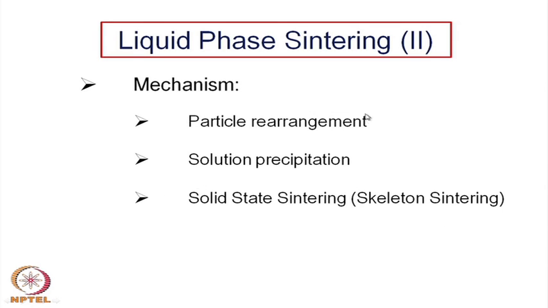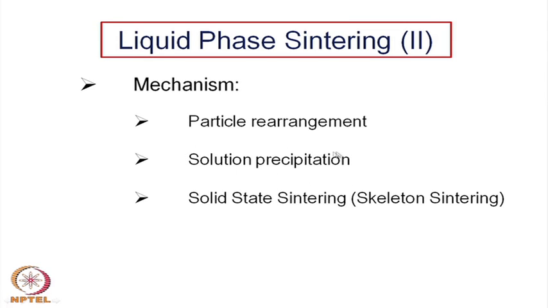Initially particle rearrangement, because in presence of the liquid it is much easier for the loose particles to get rearranged and entangled with each other, and some densification takes place almost immediately. So, that is a very fast process, and then, depending on the composition of the liquid, a very fine layer of the solid surface gets dissolved, and then it reprecipitates within the pores.